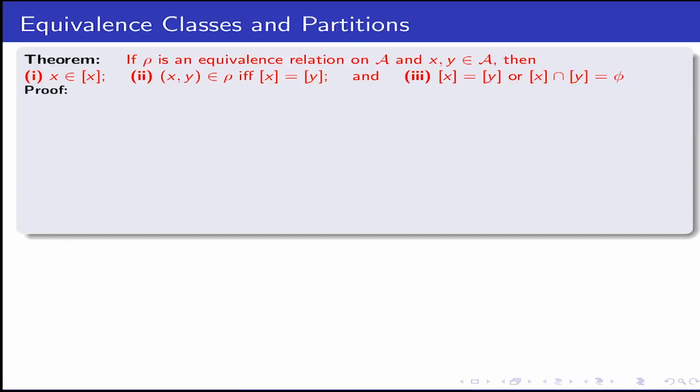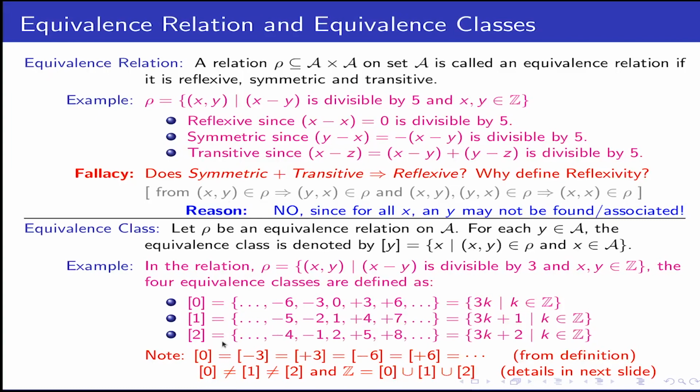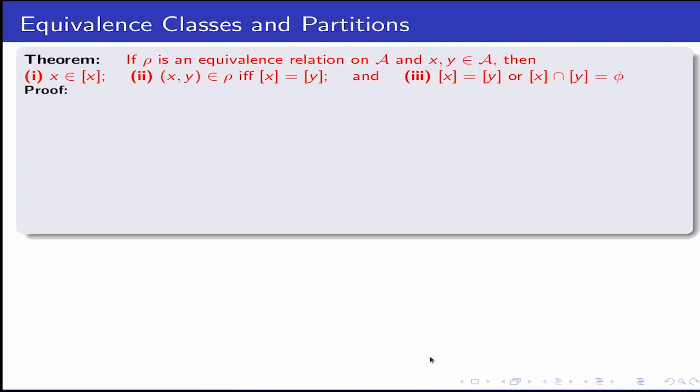So let us consider a theorem which says that if rho forms an equivalence relation on A and x, y belong to A, then x itself is a member of the equivalence class represented by x. Any element is a member of itself. For example, you have seen here that in this class the member 0 is there. That's why this particular equivalence class can be represented by any representative element as its label. Why is this the case?